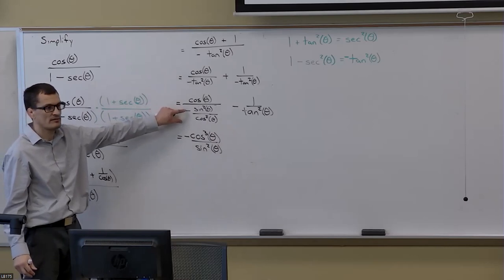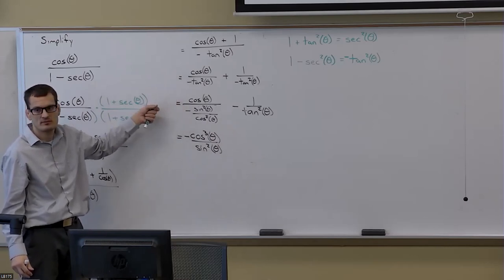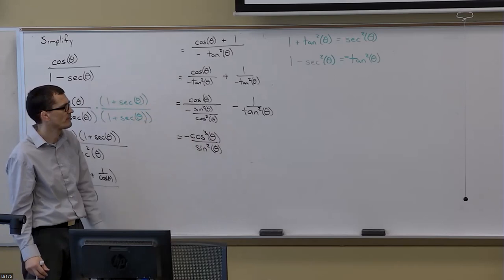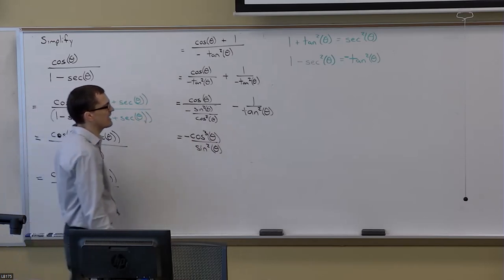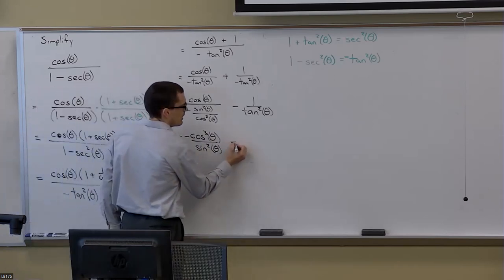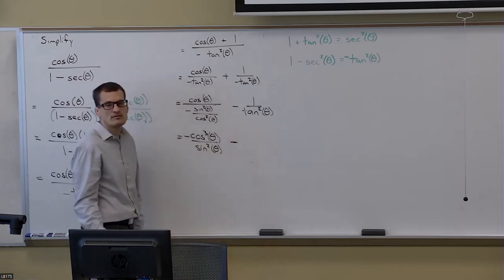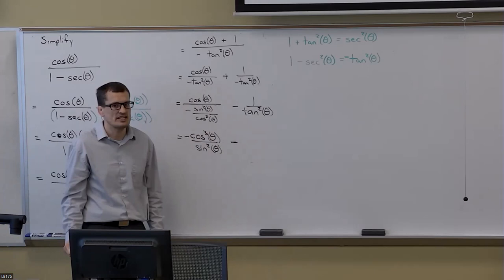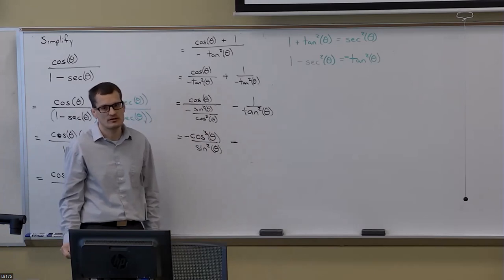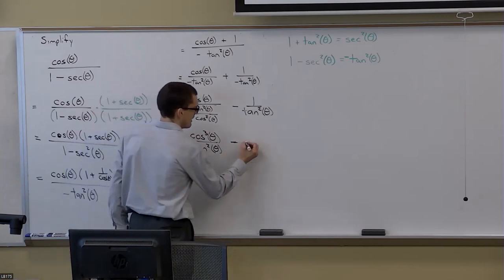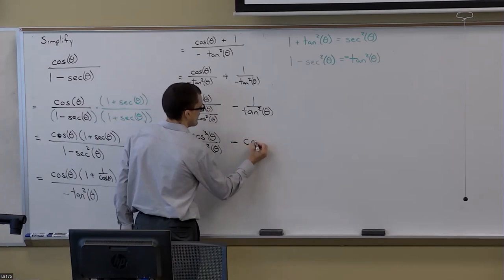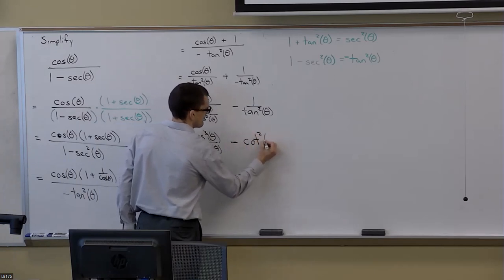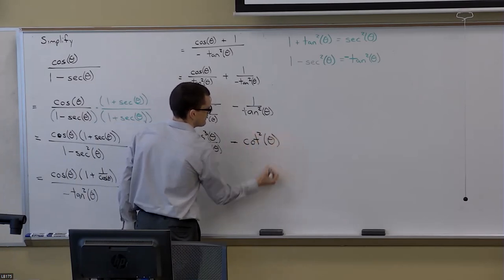Everybody okay with that? Kind of did that all at one time. Hopefully that's not a big deal. And then that second expression, 1 over tangent squared. Well, if the reciprocal of tangent is cotangent, then the reciprocal of tangent squared is cotangent squared. So I'll write that as minus cotangent squared. Okay.